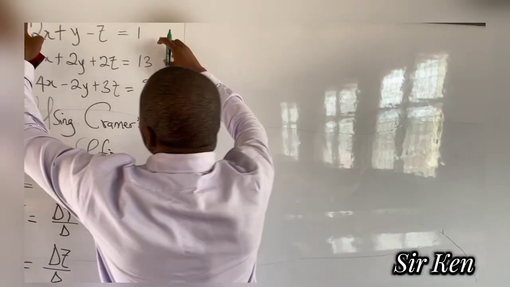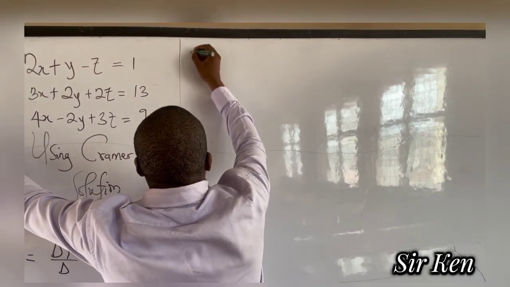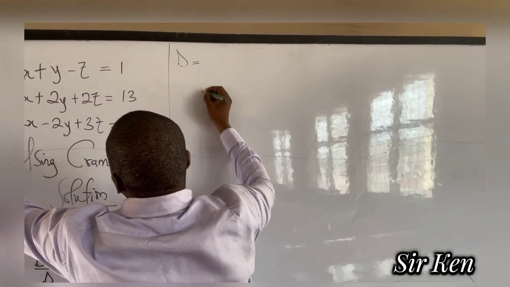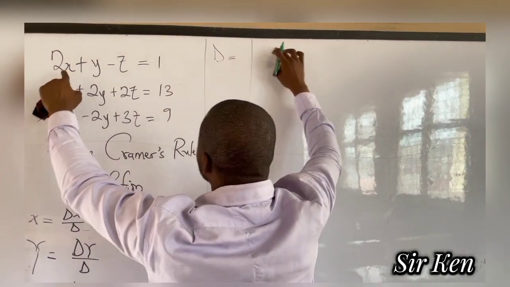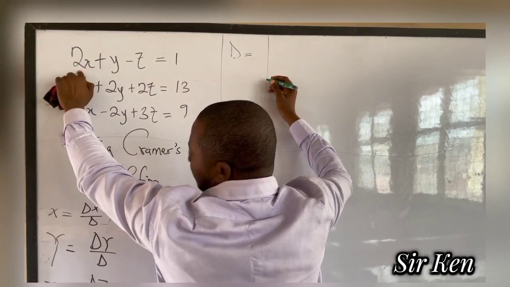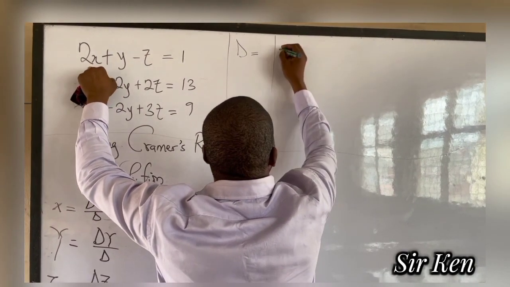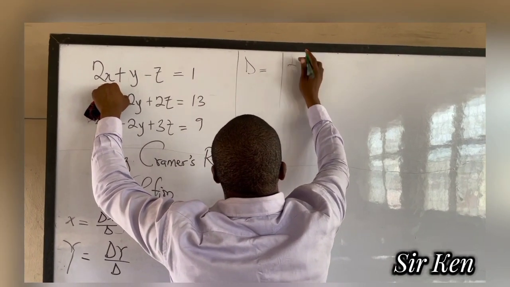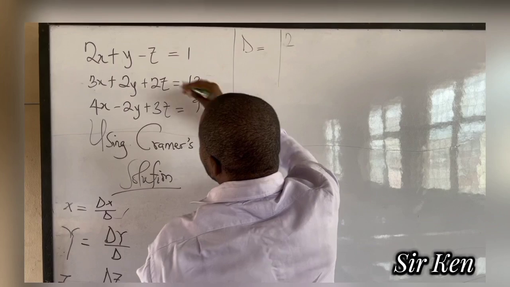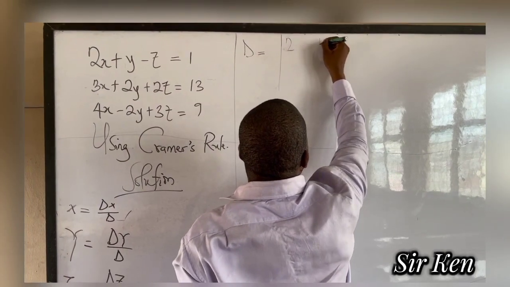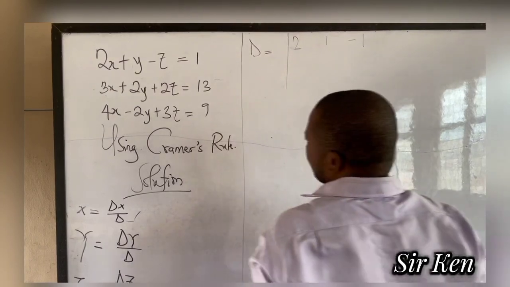Now let's go on to look for our determinant D. The determinant of this arrangement is given as this. I'm going to transpose this into a matrix by picking all the coefficients. The coefficient of x here is 2, y is 1, z is minus 1.